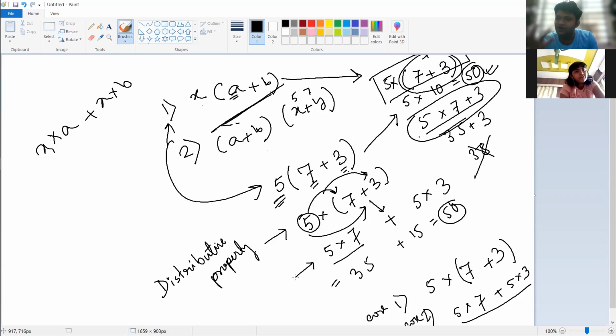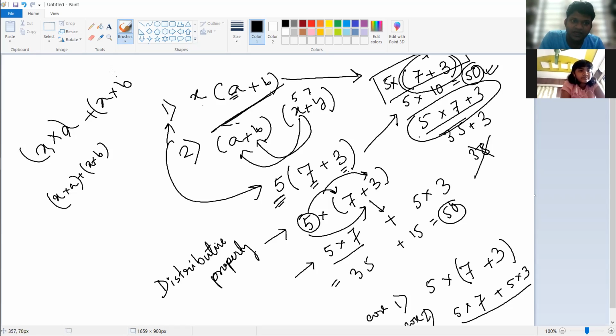You were 5 people there. First, when you went there, you took one tea, after that you took one biscuit. So you have given your part, that is x into a plus x into b. You have given the money to the shopkeeper.